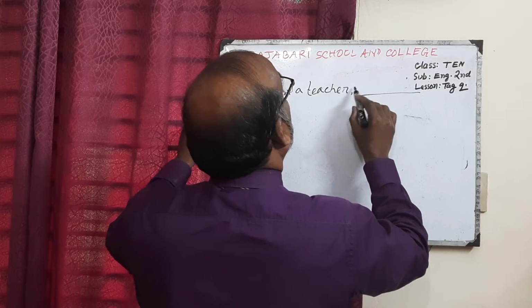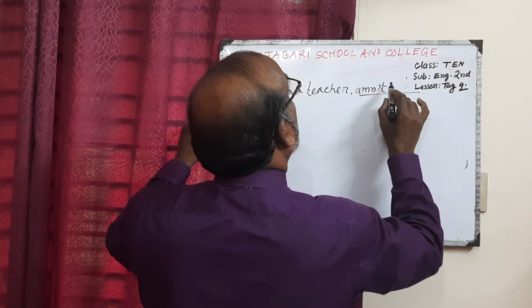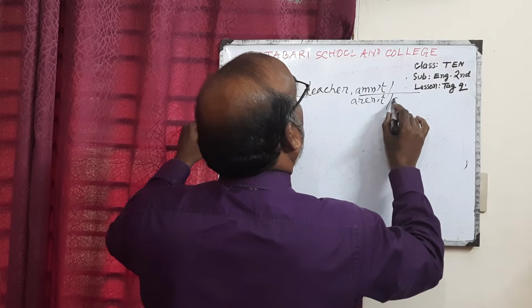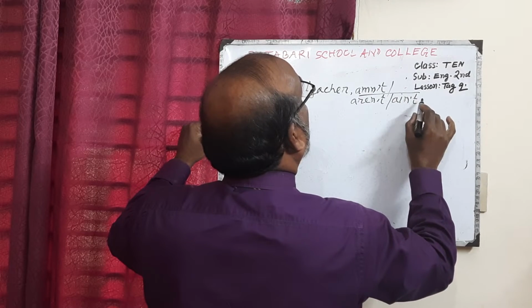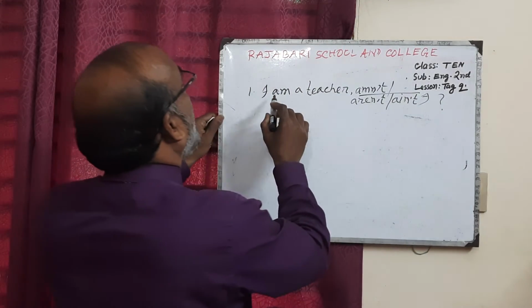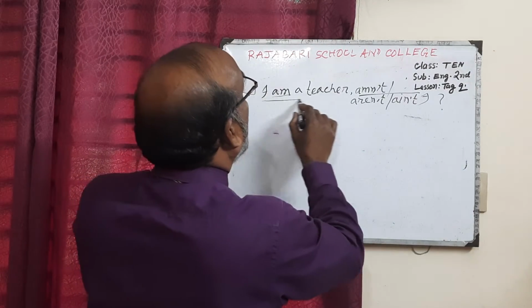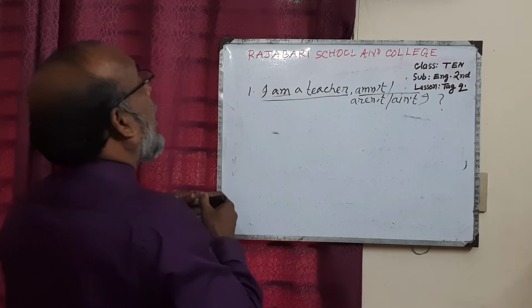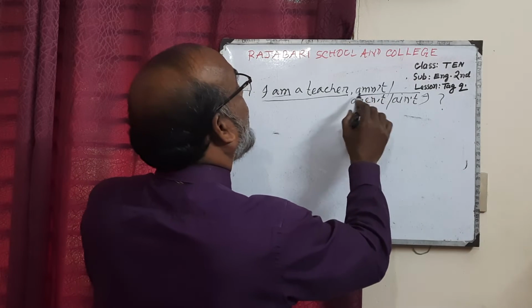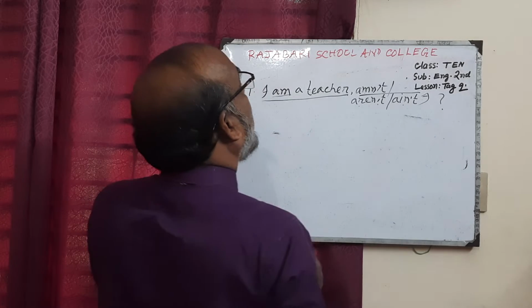You can use amn't or aren't or ain't, I? Here you can see am as the auxiliary verb, and it is also an affirmative statement. This is why the tag question will be negative. For this, I have made it aren't I.